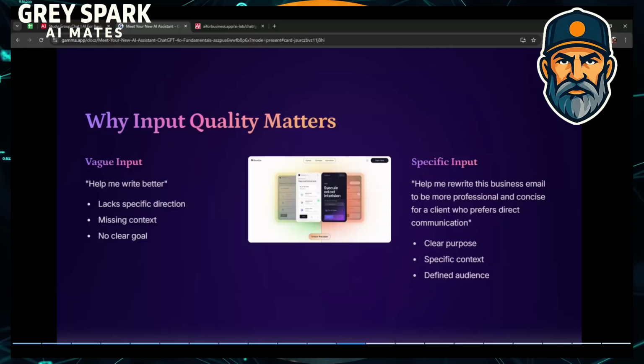For example, "help me write better" gives it very little to work with, while "help me rewrite this business email to be more professional, concise for the client who prefers direct communication" provides a clear direction and context. So you'll get a better answer.